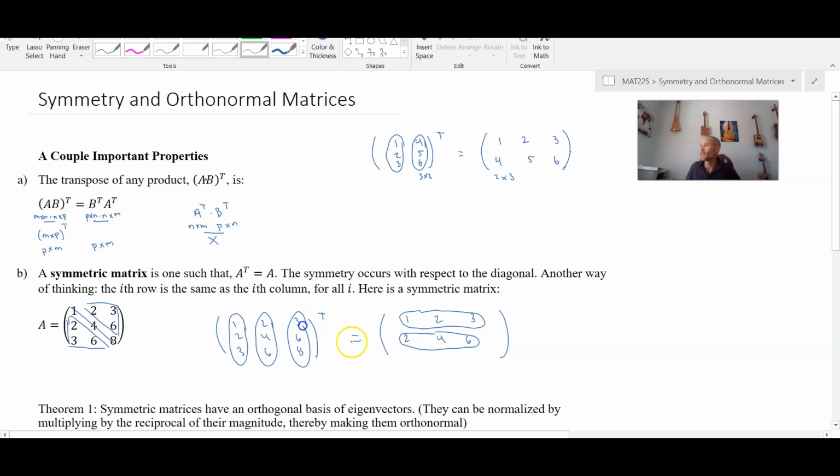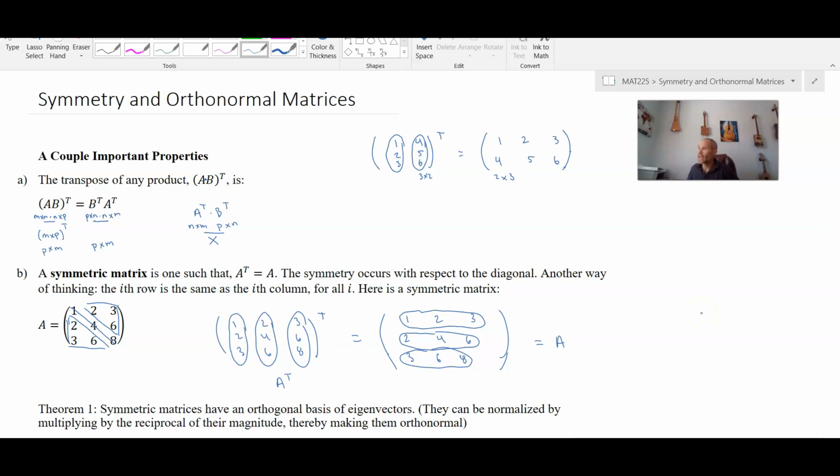And the third column becomes the third row. You can see that that is exactly the same matrix we started with. 1, 2, 3, 2, 4, 6, 3, 6, 8. And so this is equal to our original matrix. When we transposed A, we ended up with exactly the same matrix that we started with.